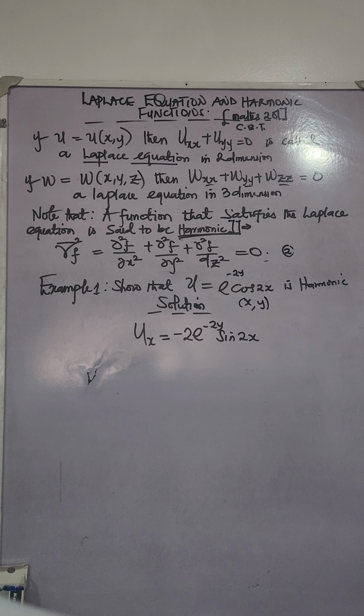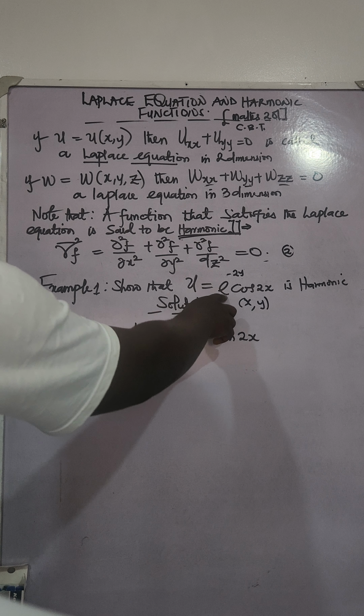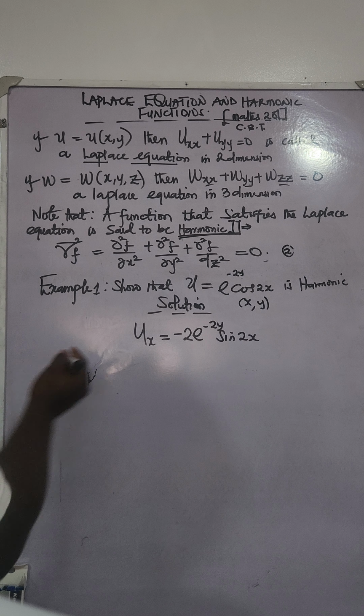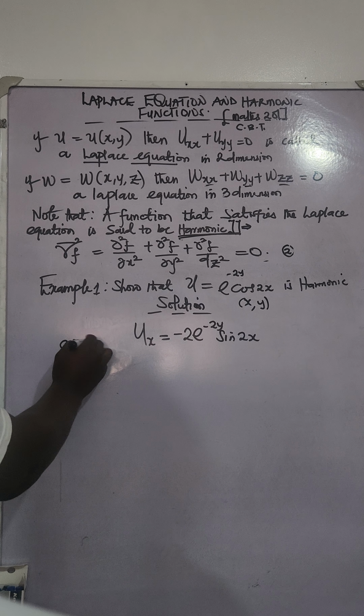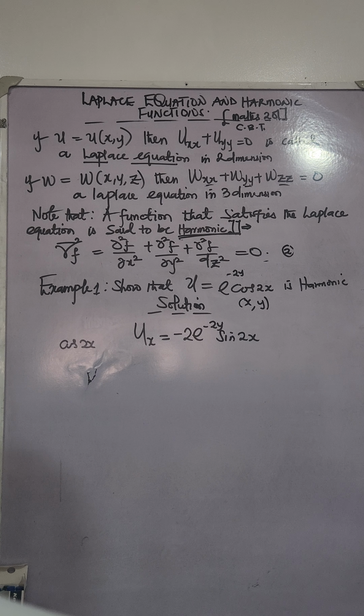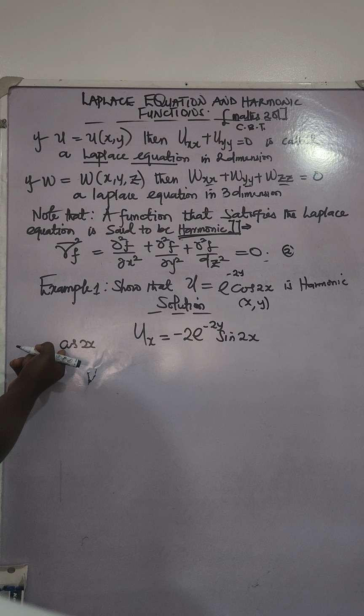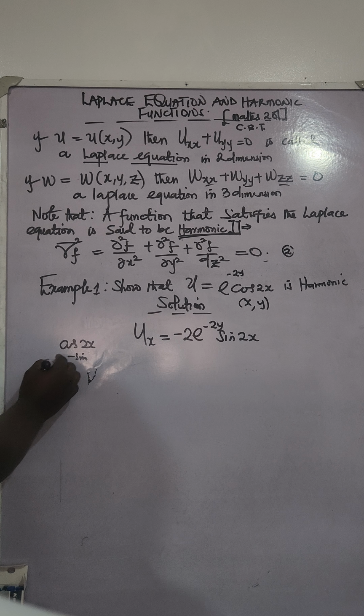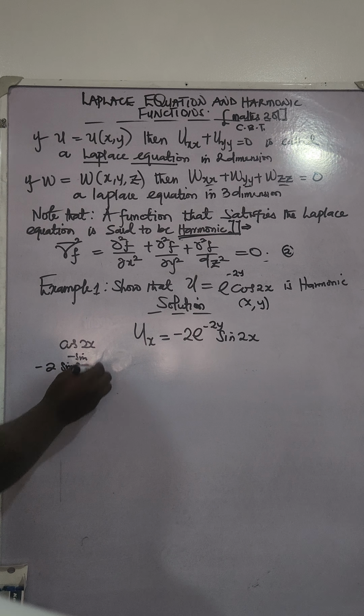So what did I simply do? I pretend as if I didn't see e to the power of minus 2y. I'm just seeing cos 2x. And so when I differentiate cos 2x, I'm going to have minus 2, because differential of cos is minus sine. Is that clear? So I'm going to have minus 2 sine 2x.